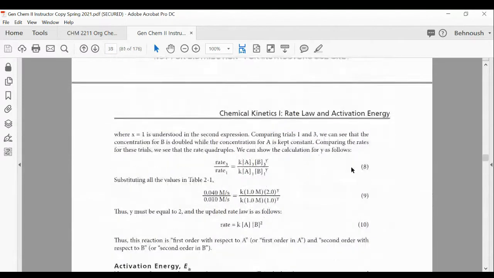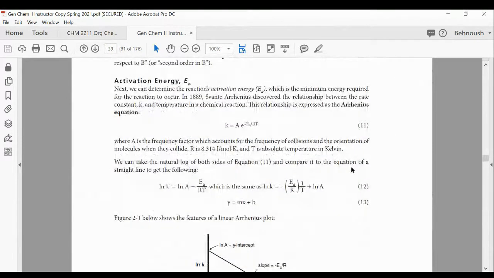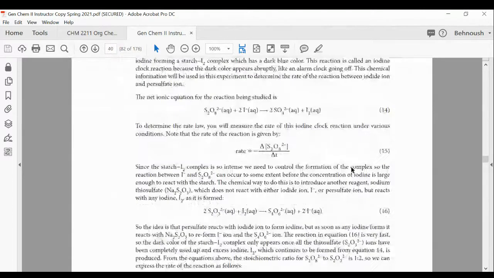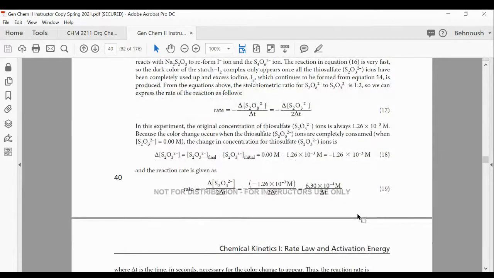Remember, it was equation number 19, on page 40. Equation number 19. You are going to say 6.30 times 10 to negative 4 divided by delta T. What is delta T? Delta T is the time to see the color change.